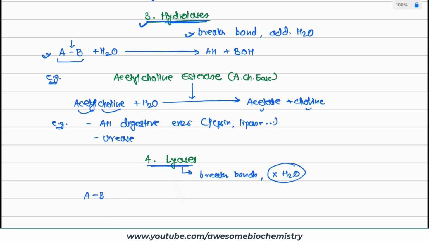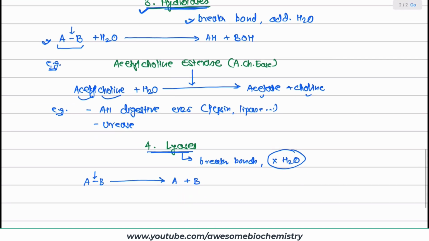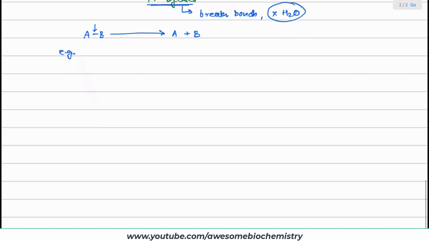This class of enzyme simply breaks down this bond without addition of water. So A plus B both get separated. One real life example of the lyase class is aldolase.